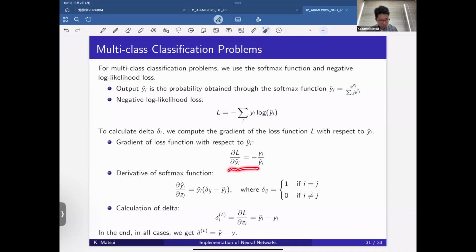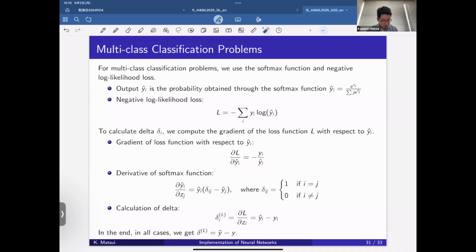Taking the partial derivative of L with respect to y hat i is simply the partial derivative of log, so it becomes minus yi divided by y hat i.